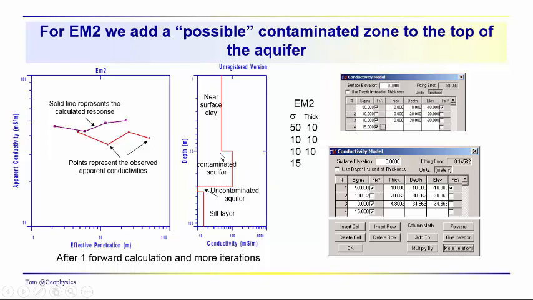The geologist tells us that the aquifer is 20 meters thick, so the base of the aquifer should be up here. Can we make that work? Also, we have to fix this upper layer. We can't really fix these 2 layers because we don't know, and that's why we leave them unfixed when we go through the first forward inversion and then iterations, either one at a time or multiple iterations.